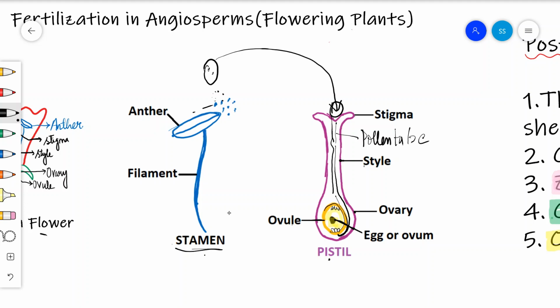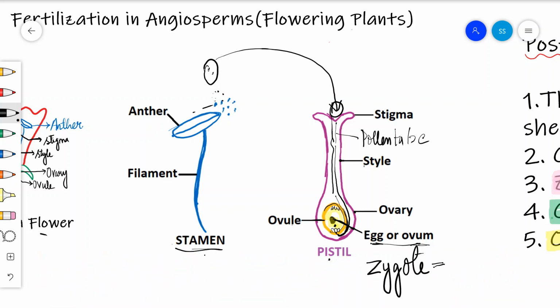We have the female gamete, which is also known as the egg or the ovum. Once the pollen tube enters the ovule, it releases the male gametes. The male and female gametes fuse here, and the process is known as fertilization.